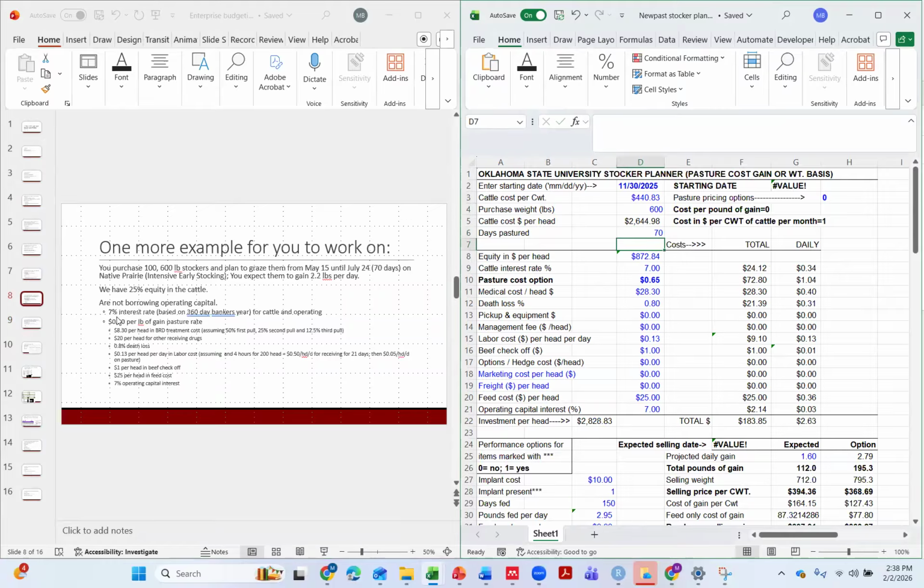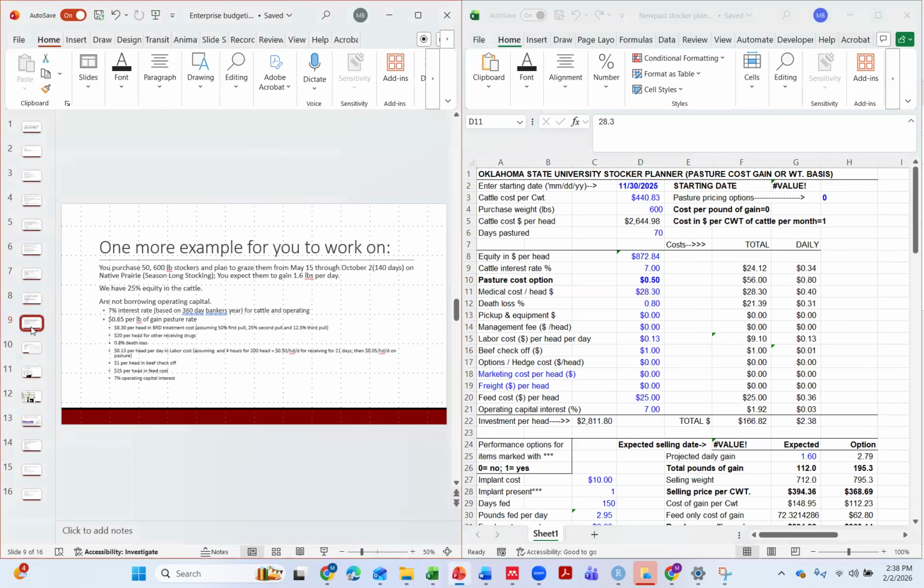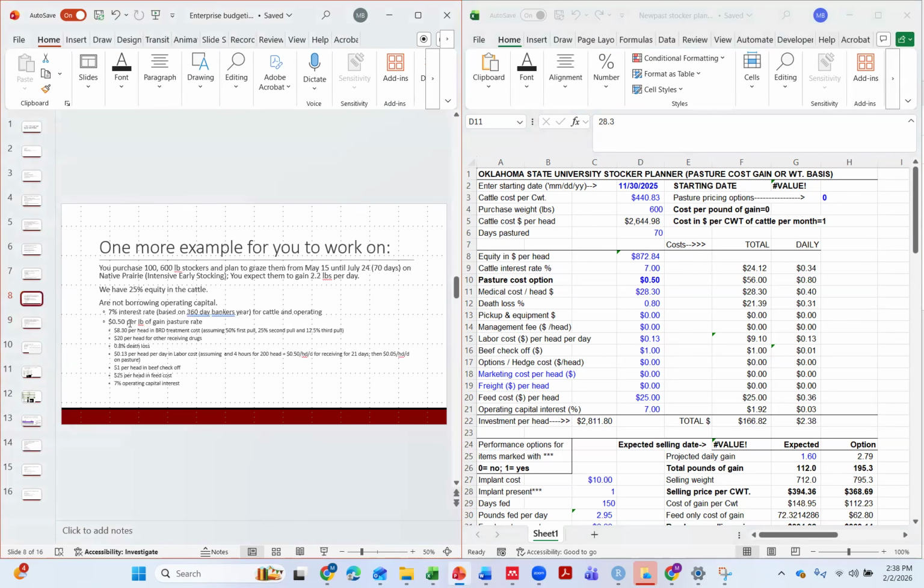Interest rate staying the same at 7%, so I'm not changing that. I don't know why I changed that to 50 cents per pound of gain, but that's where you would change that. Okay, 50 cents per pound of gain.